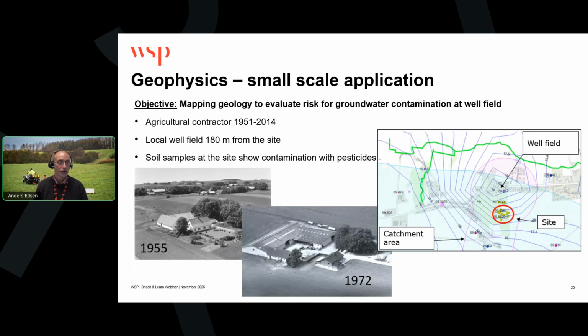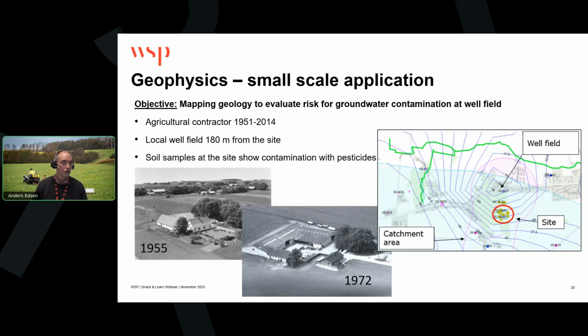So in this particular site, there was an agricultural contractor that was using the site from 1951 until 2014, and there is also a well field located 180 meters from the site. And what makes this combination interesting is that the soil samples around the site show heavy contamination with pesticides in the topsoil.